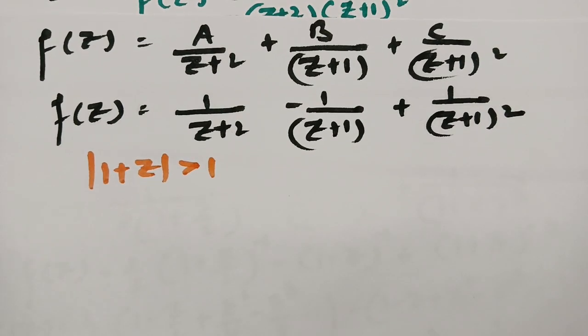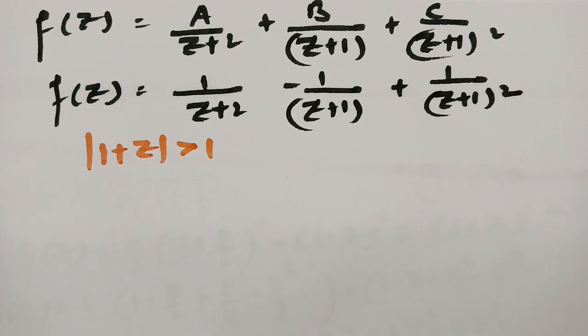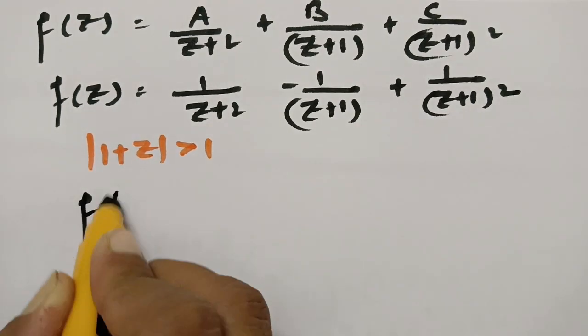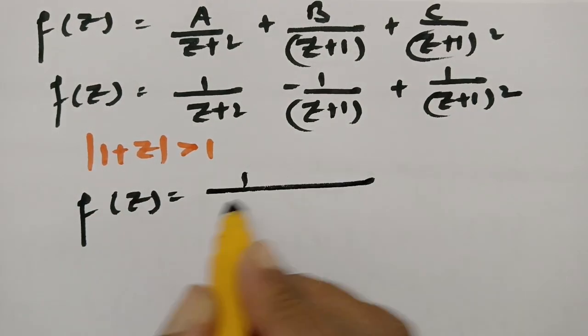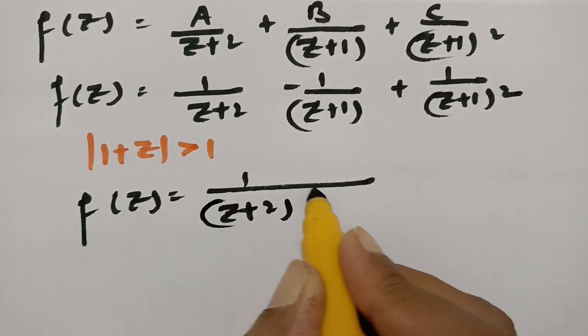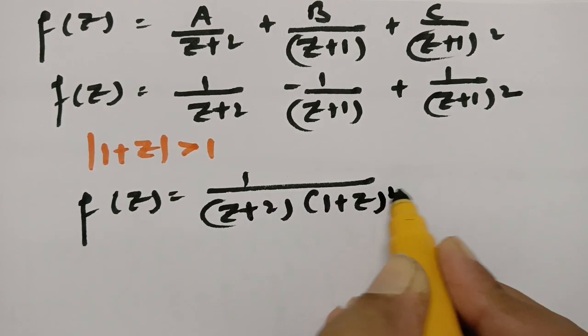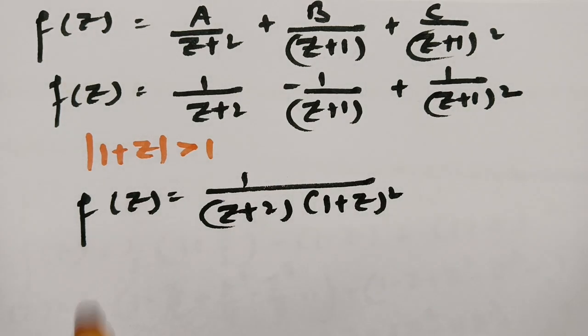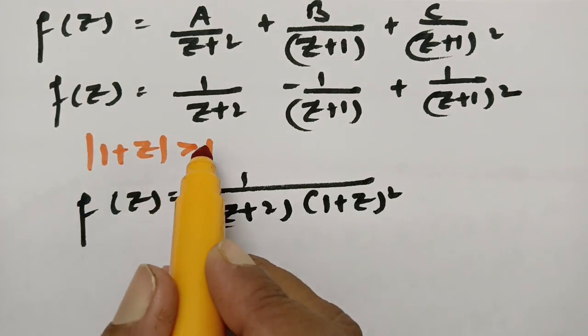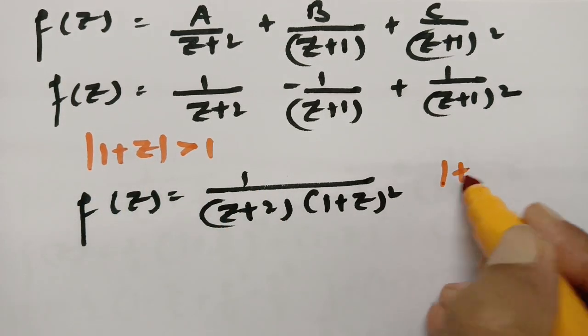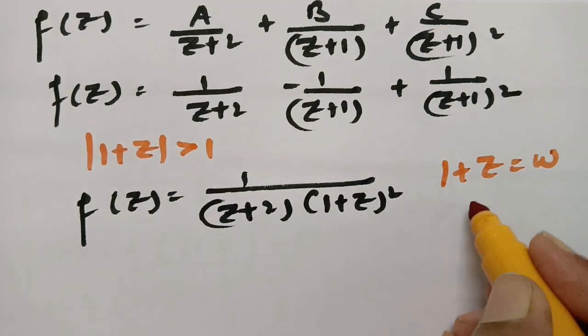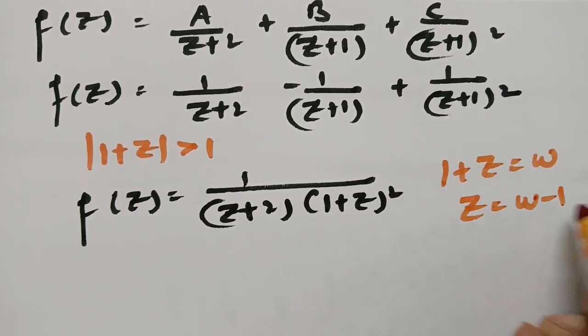So in this case, see what we have to do. There is no need of expansion here. Clearly our f of z can be written as 1 by z plus 2 into 1 plus z square. The condition here is |1 + z| greater than 1, so I am taking 1 plus z as w. So z can be written as w minus 1.